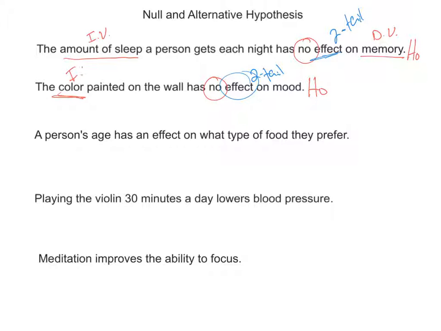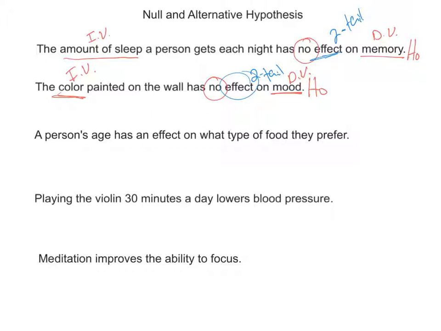Is it red? Is it yellow? I'm sure you've seen or read in architectural magazines, if you paint it yellow it makes you happy, and red makes you angry, and blue makes you, I don't know, whatever it is, sad or calm. And then the mood would be the dependent variable, happy or sad or calm.